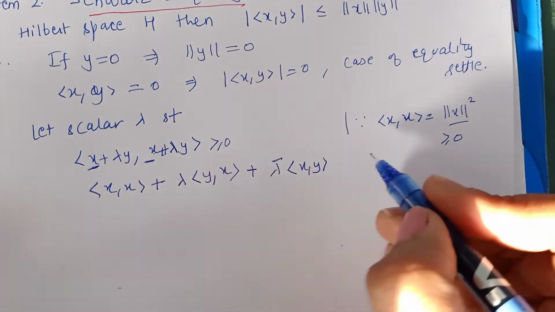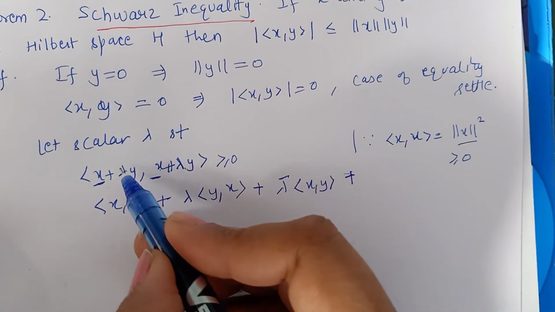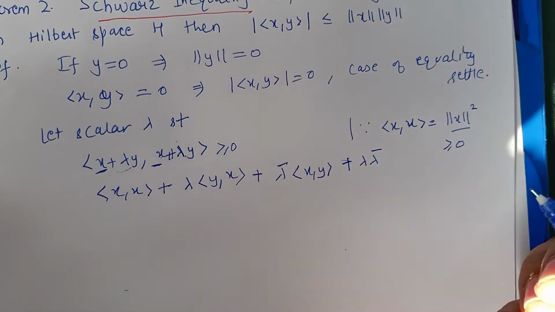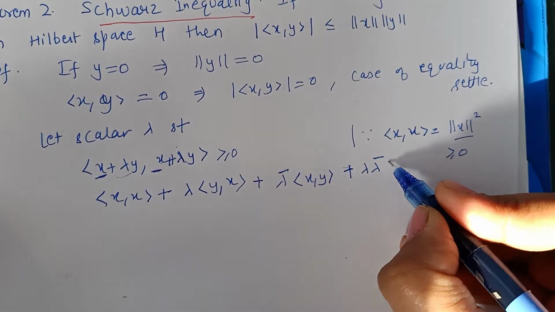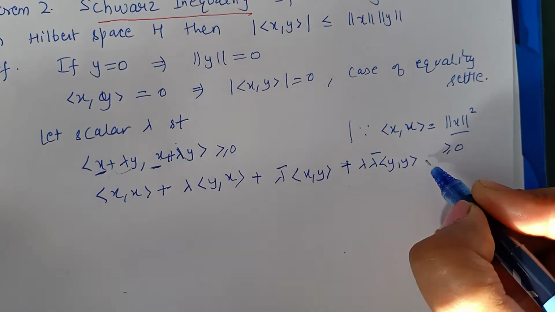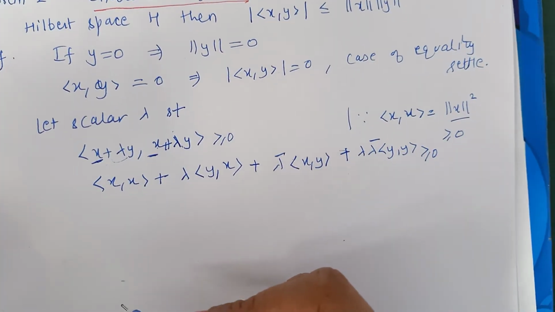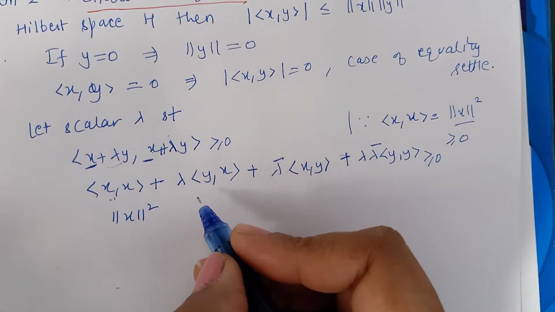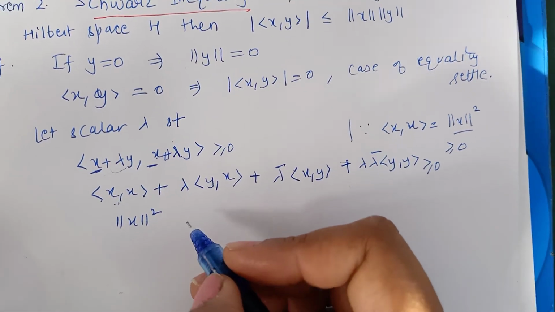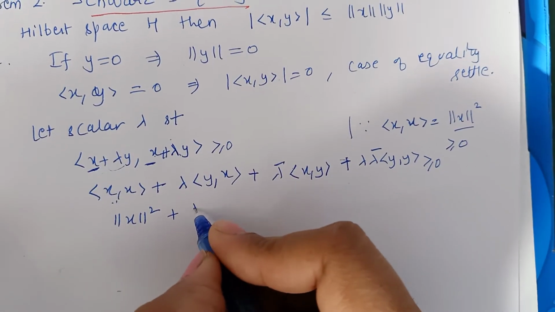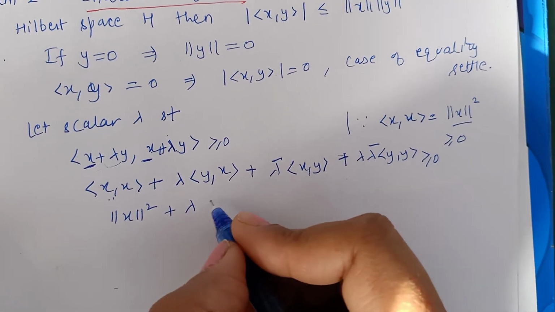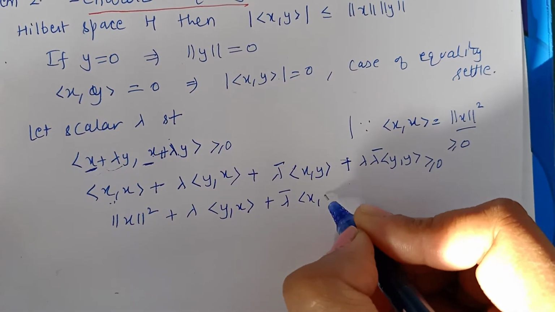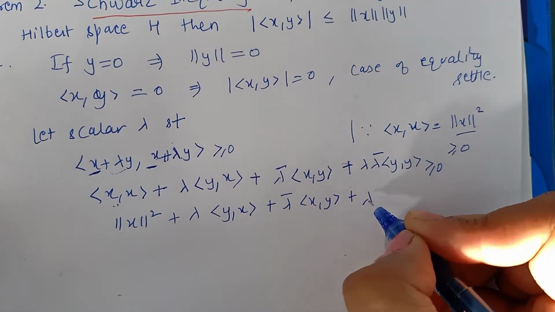And in the last case, now the lambda will come from the first variable as well as from the second variable, so we'll be obtaining lambda into lambda bar, inner product of y with itself, which is positive. So this is basically norm of x square here, and we'll write it as such: lambda y comma x plus lambda bar x comma y plus lambda lambda bar y comma y.